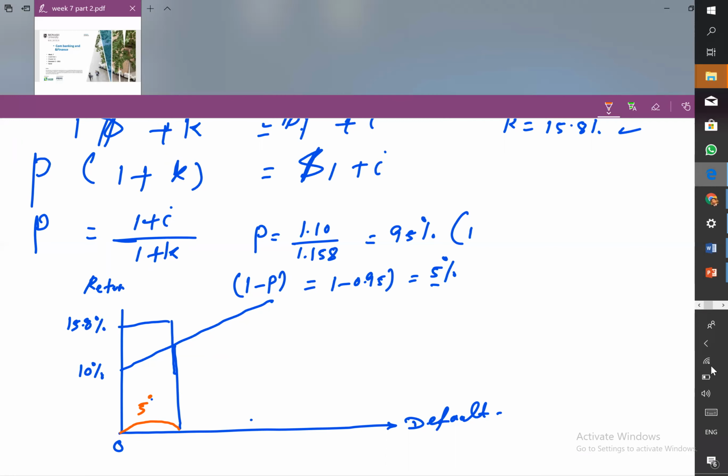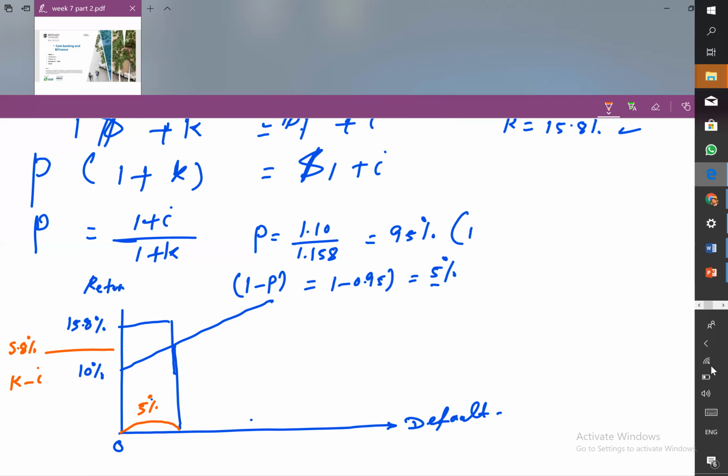For defaulting 5%, I'm receiving a difference of 5.8%, which is the difference between K minus I. This is how you get the premium. So if I know the probability of defaulting, I can actually calculate the premium.